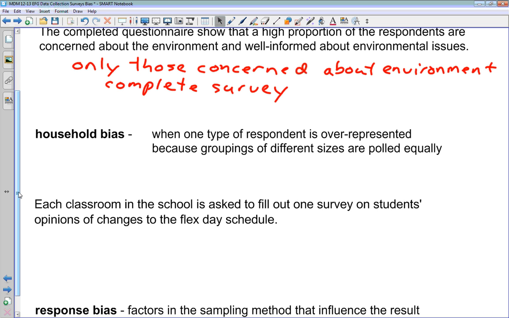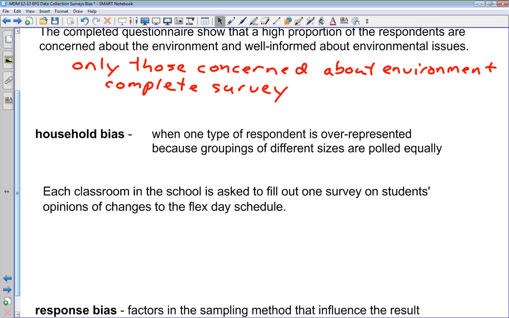So how might this work in this example here? Each classroom in the school is asked to fill out one survey on students' opinions of changes to the flex day schedule. How could this be an example of what we call household bias? Okay?